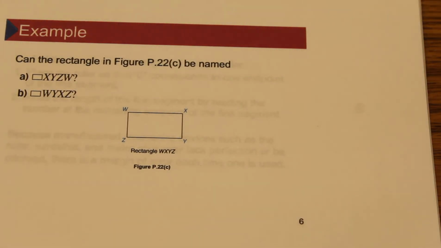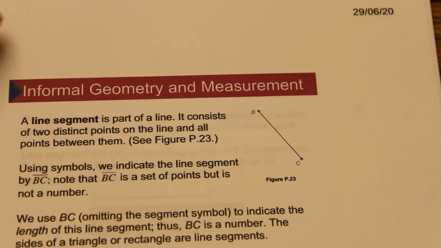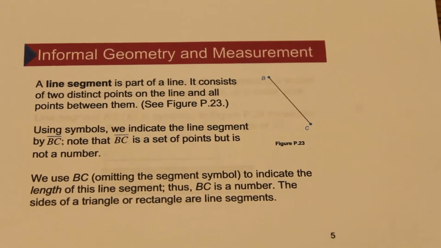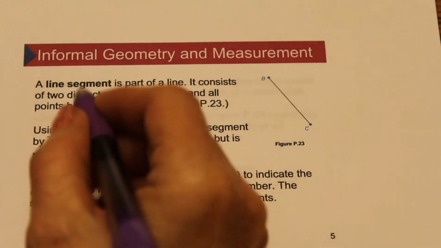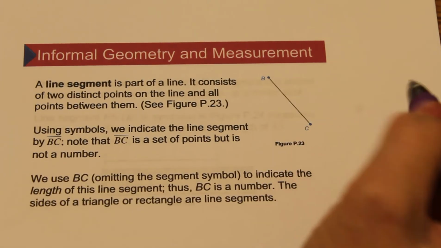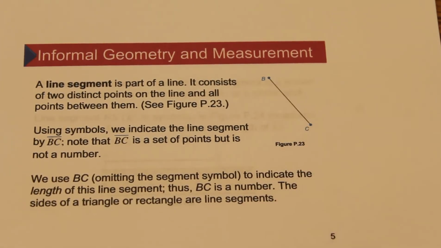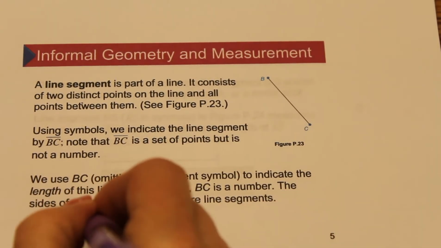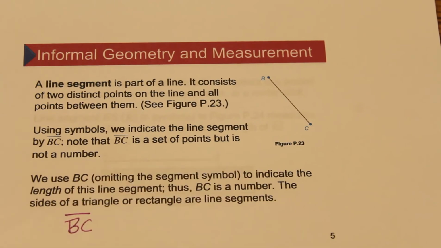And that's true for any type of geometric shape. Oh, sorry, let's do this page. So a line segment has two endpoints, two distinct points. So here I have a line segment BC. We would note that as the line segment. Notice there are no arrows. That is a segment.